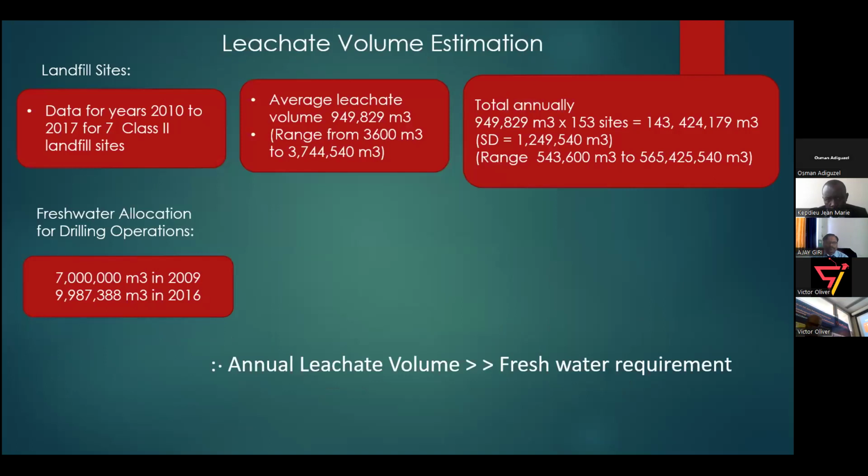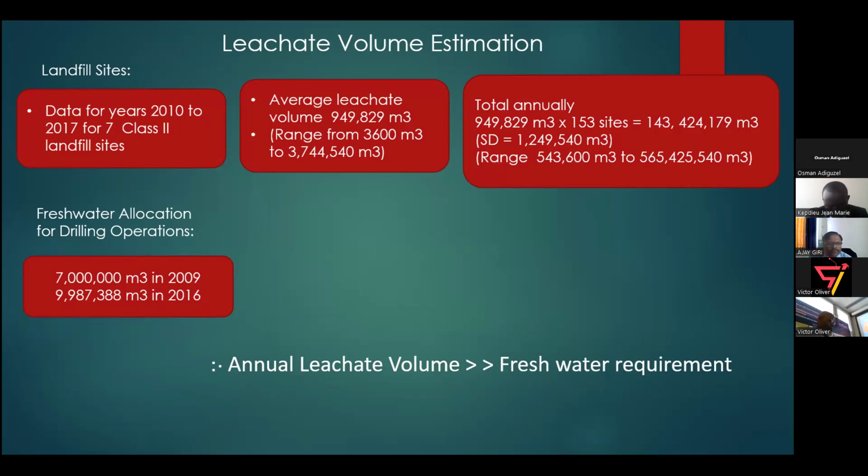All right, so let's talk about leachate estimation. This is where it becomes really interesting, because from there we can demonstrate that there's a lot of leachate being produced, more than enough, and we're not going to have a scarcity of it when you try to make a business case to the oil and gas sector.